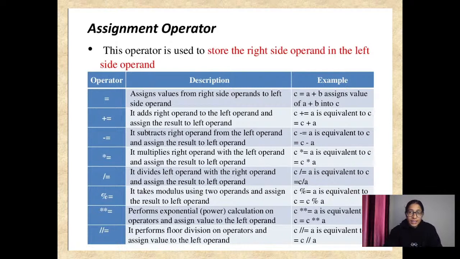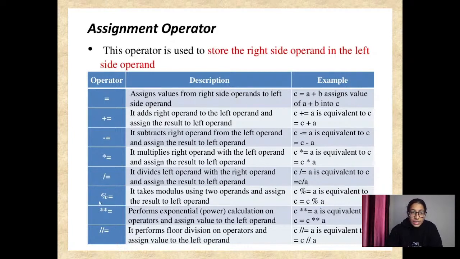If I say a is equals to 5, it is just a simple assignment. It assigns the value 5 to the variable a on the left. The compound operators act like a plus equals 5, that adds to the variable and later assigns the result.